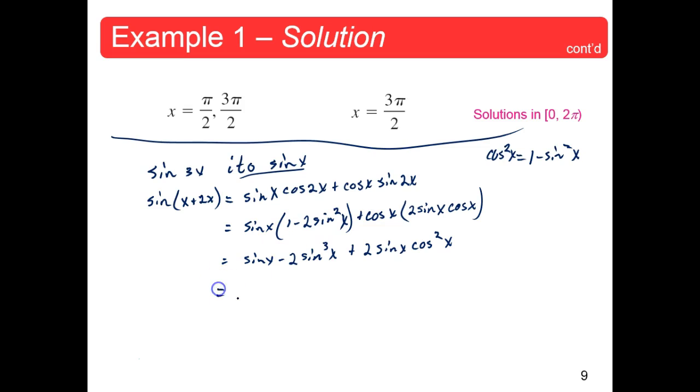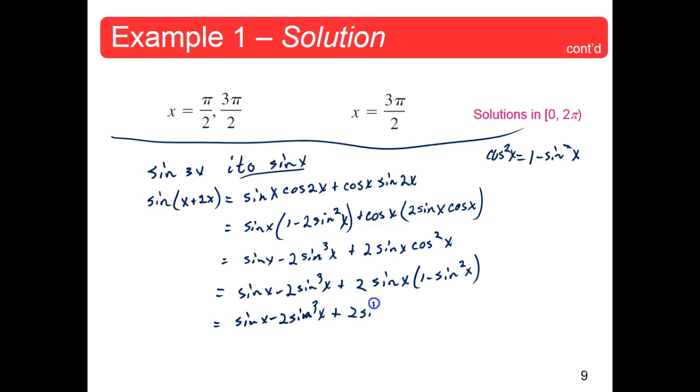Okay, so now this will be sine x minus 2 sine cubed x plus 2 sine x times 1 minus sine squared x. Okay? This will be sine x minus 2 sine cubed x plus 2 sine x, right? Minus 2 sine cubed x, right?